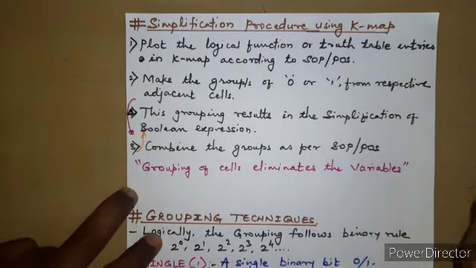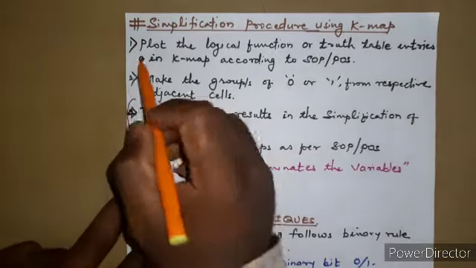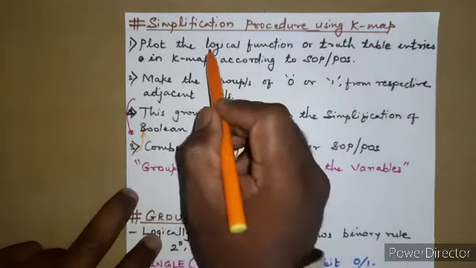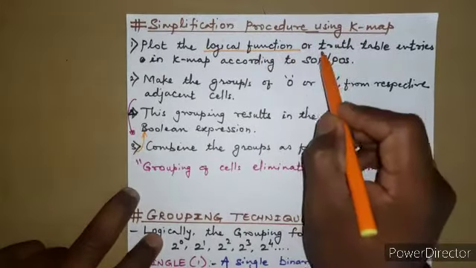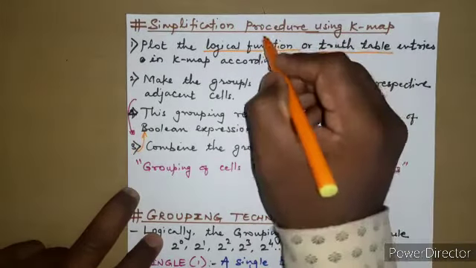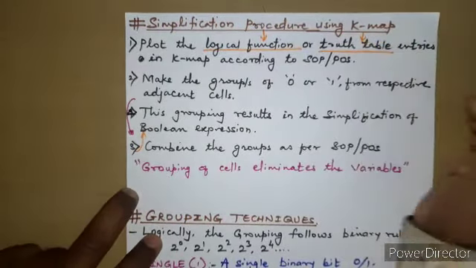Now, if a question is given for you to simplify the given expression using K-map, then what are the steps you need to follow? Very first is to plot the logical function or truth table. A function may be given or a truth table may be given.